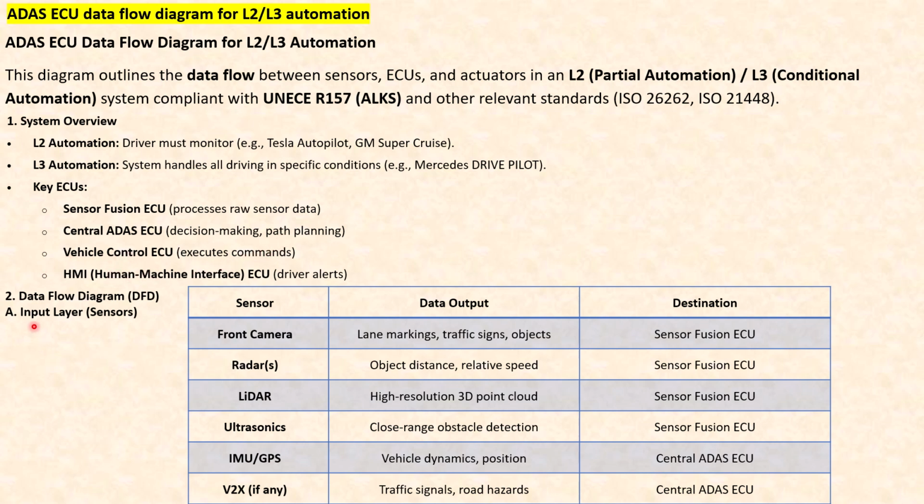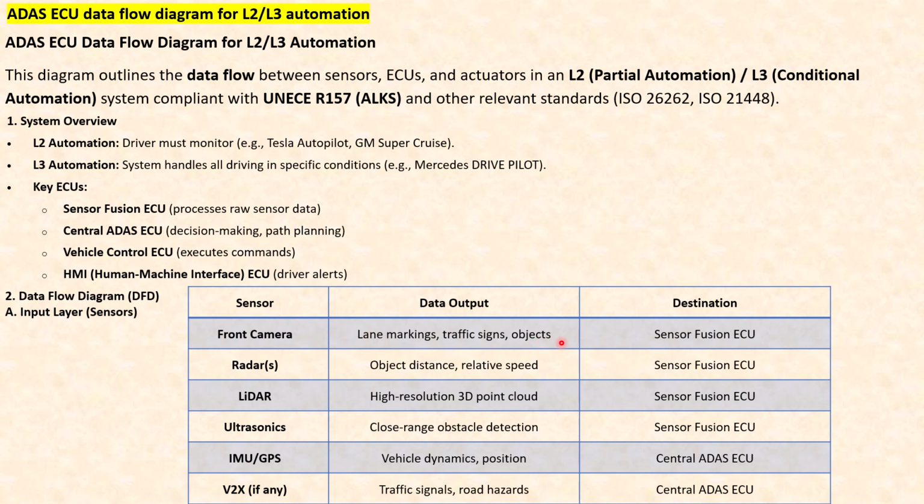Now we will see in this table how the data actually flows. In this table, sensor is there, data output is there, and destination is there. We will see from which sensor, which data is output, and what is the destination of the output. All right. First one, front camera: the output is lane markings, traffic signs and objects.